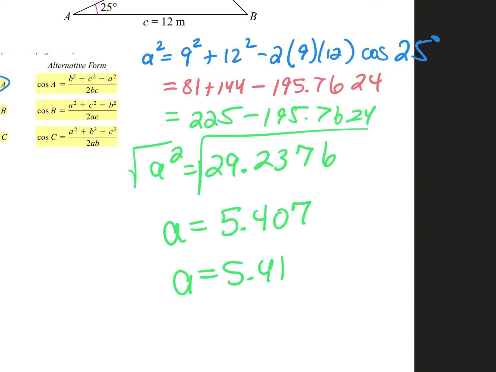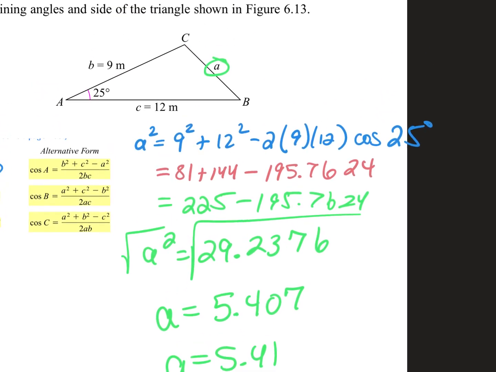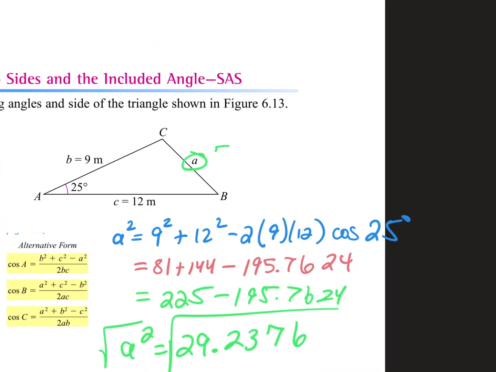Generally, if we were just solving this problem for A, you would have plus or minus in front of your answer. But since we're talking about the measurement of length, you just want the positive. So you guys just figured out that A is 5.41 meters. You don't use the plus or minus because you don't measure length in negative numbers.